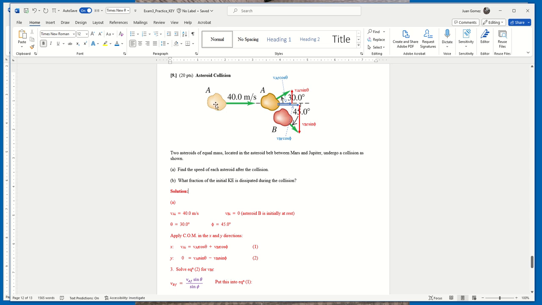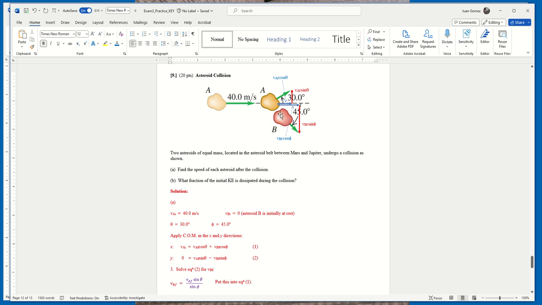So asteroid A collides with asteroid B, but asteroid B is initially at rest. After the collision, asteroid A moves off with some final speed we'll call VA final, and VA final moves at an angle of 30 degrees above the positive x-axis.